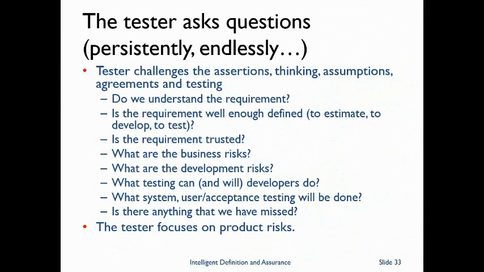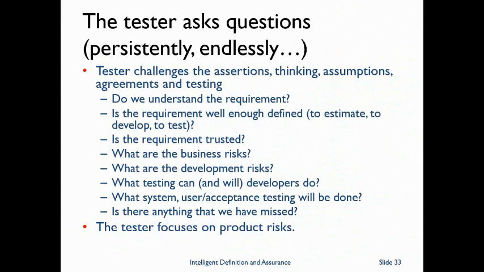Can we trust the requirement? Do we know enough to actually get the developer to build some code that we believe will meet the needs of our stakeholders? What testing are the developers able to do, and what testing will they do? Will it support the notion of overall assurance and deliver a regression safety net?